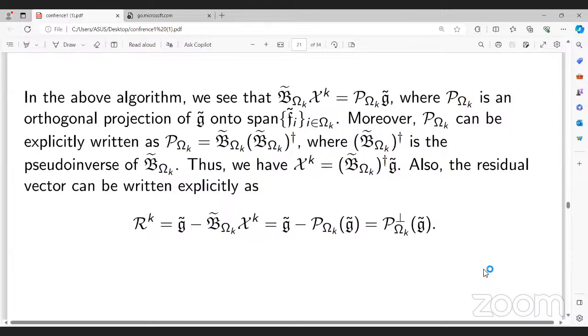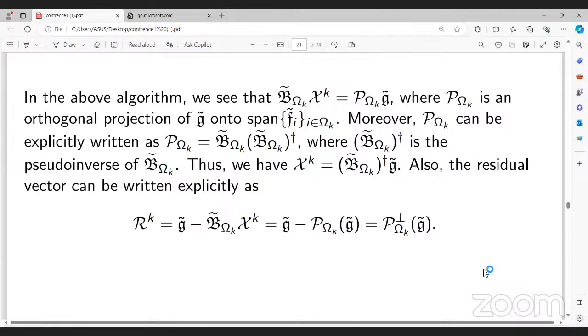In the above algorithm, we see that B tilde_{Ω_k} x_k is nothing but the orthogonal projection of g tilde on the subspace spanned by the elements chosen up to the first k iterations, where P_{Ω_k} is the orthogonal projection of g tilde on the span of f_i, where i is in Ω_k. Moreover, P_{Ω_k} can be explicitly written as B tilde_{Ω_k} B tilde_{Ω_k}^+, where B tilde_{Ω_k}^+ is the pseudo inverse of B tilde_{Ω_k}.